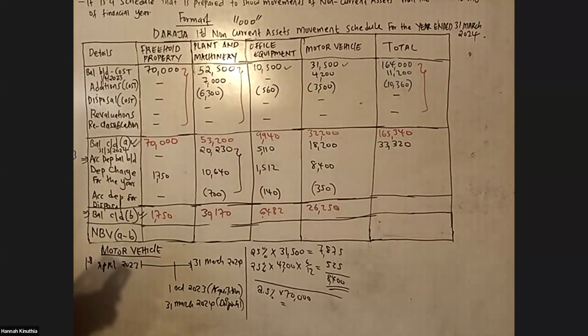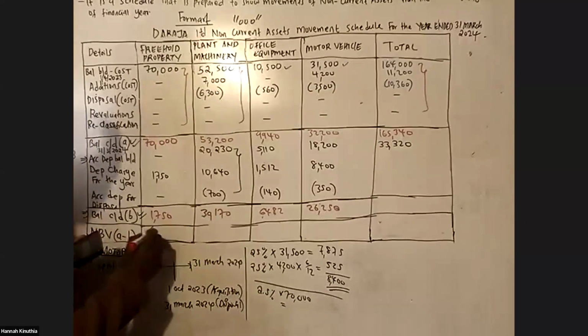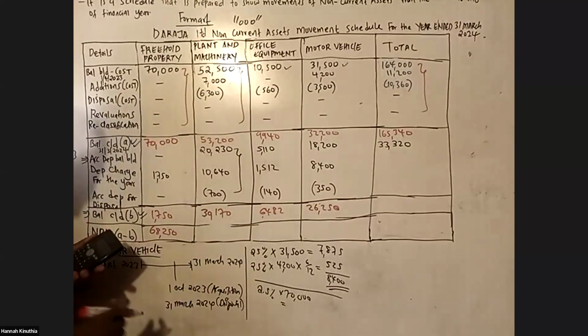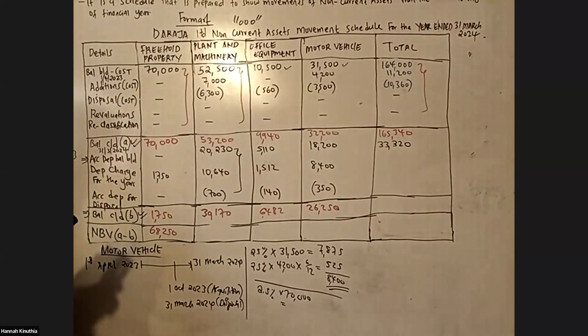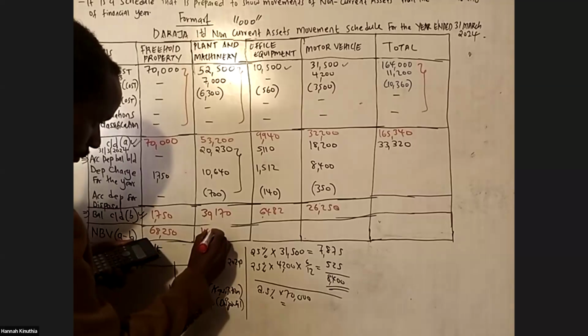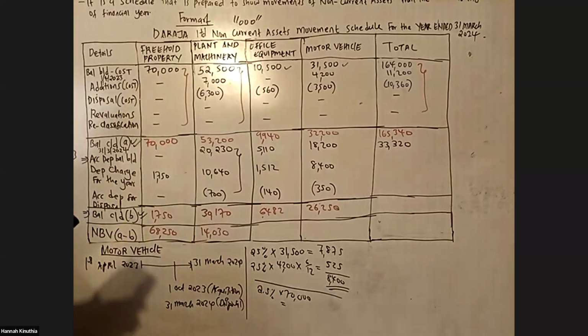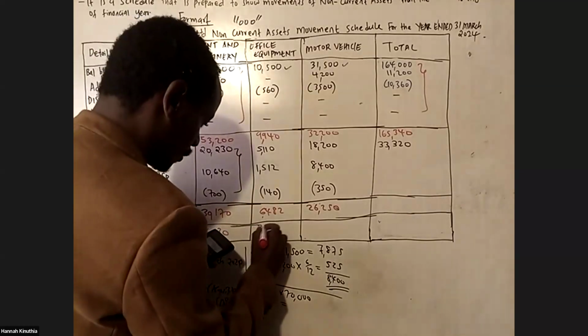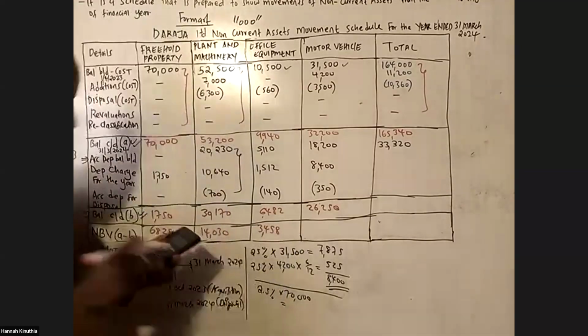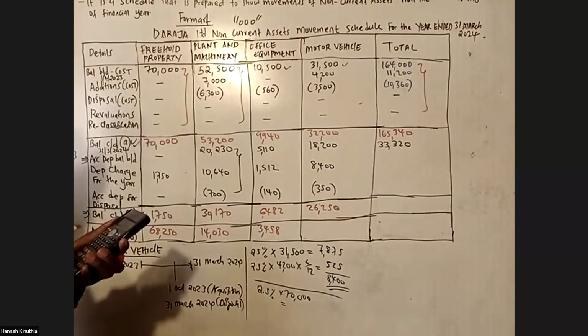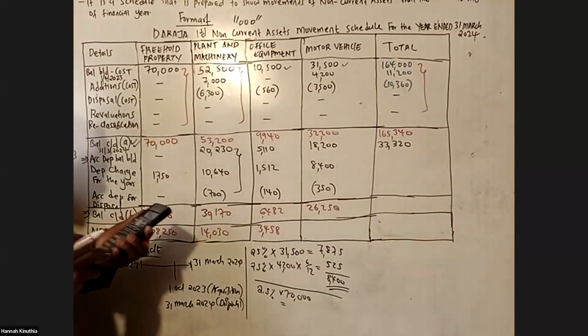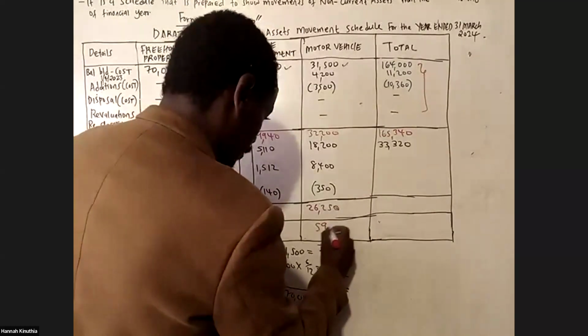So 70,000 minus 1750, 50 to 50. 53,200, 39,170. 14 to that. 99 40 minus 64 82, 34 58. 32,200 minus 26 to 50, 59 50.